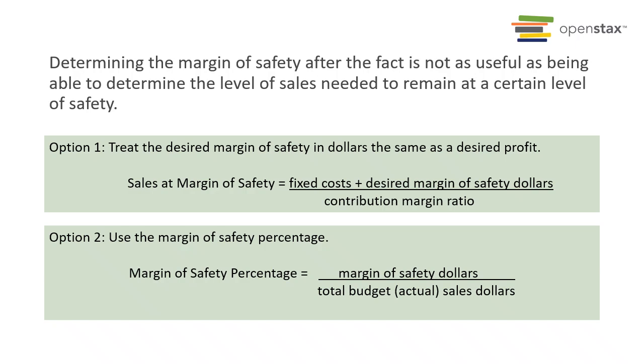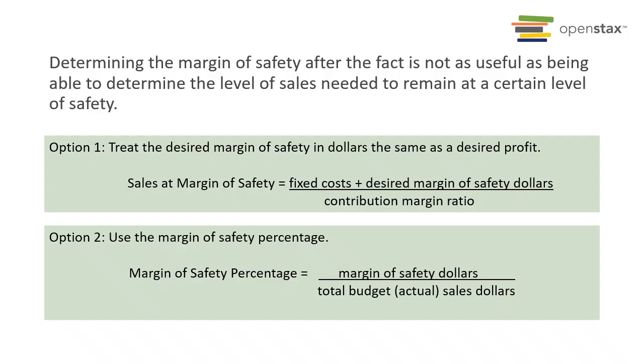So we can do that in units, sales at margin of safety. We can do it with a percentage using the formulas that you see here. So you'll notice sales at margin of safety. This is going to bundle margin of safety dollars and fixed costs just the way we did with target profit. We're just getting to a margin of safety above our fixed cost coverage.